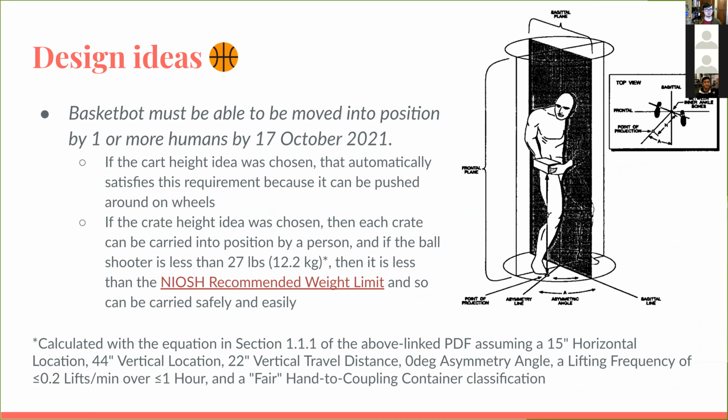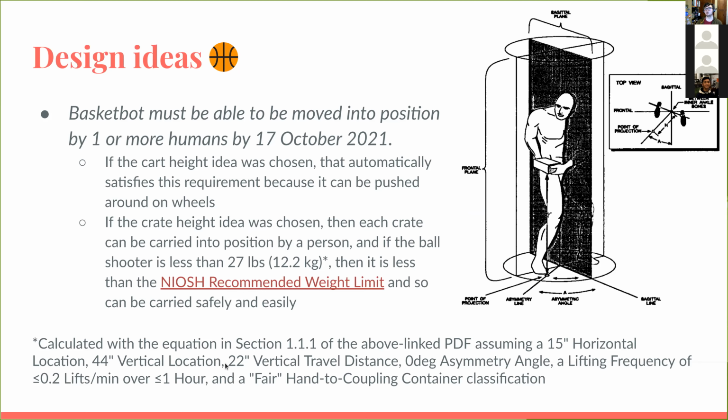All right, so the basketball must be able to be moved. One thing with this moving requirement is that we need some kind of outside restriction for what it even means to be able to be moved. So I found the NIOSH recommended weight limit, which is the output of an equation in this PDF that's linked here.